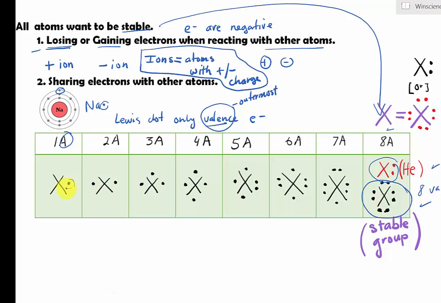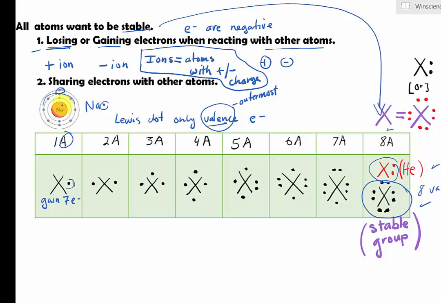It has one dot. It has two options. One option is to go forward this way and gain how many more? It has 1 already, so it has to gain 7 more electrons. So you can gain 7 electrons. Or the other option, if you look at the periodic table, there's just one row on the periodic table. It can lose this 1 electron. See how it loses 1 electron? So the inner electrons are going to be exposed.